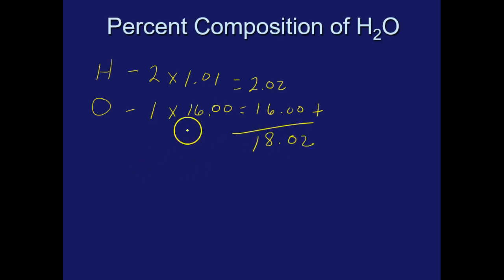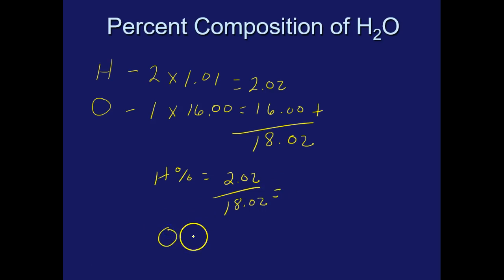Then you take each individual piece. If I want to know the percent of hydrogen, I would take 2.02 and divide it by 18.02, and I'm going to come up with an answer.